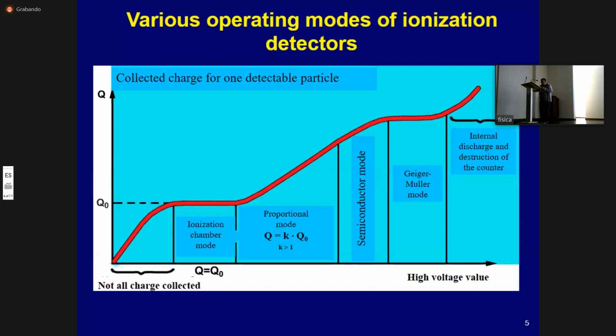Increasing the voltage further causes the final charge to be constant. Its value is maximum and doesn't depend on the energy of the ionizing particle. This is the area of self-discharge, or Geiger-Müller counter operation mode.